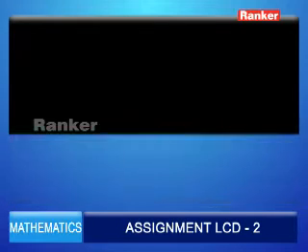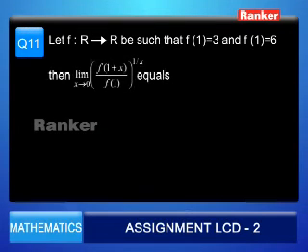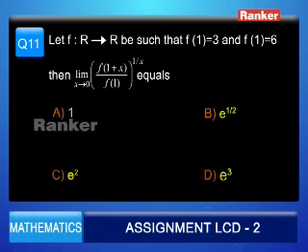Next question. Let f maps R to R be such that f of 1 is equal to 3 and f dash 1 is equal to 6. Then we have to evaluate limit x tending to 0 of f of 1 plus x divided by f of 1, whole power 1 by x.